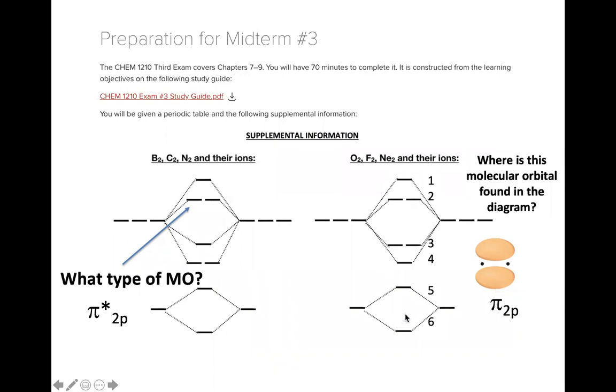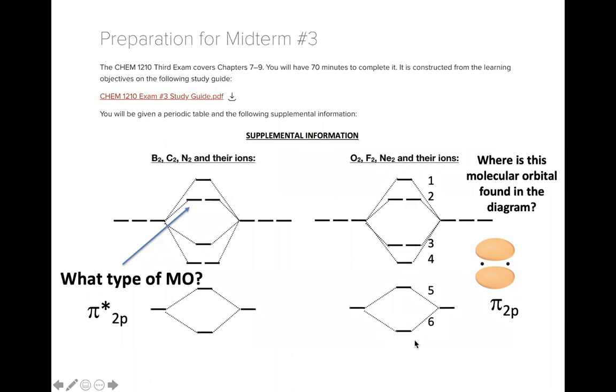So if I'm seeking to answer this one, I'm designating this in my head first: this is a bonding arrangement, and it's also going to be designated pi. The reason I like you all choosing 3, 4, and 6 initially is those are all spots where I know bonding molecular orbitals are found. So how do I decide amongst those?